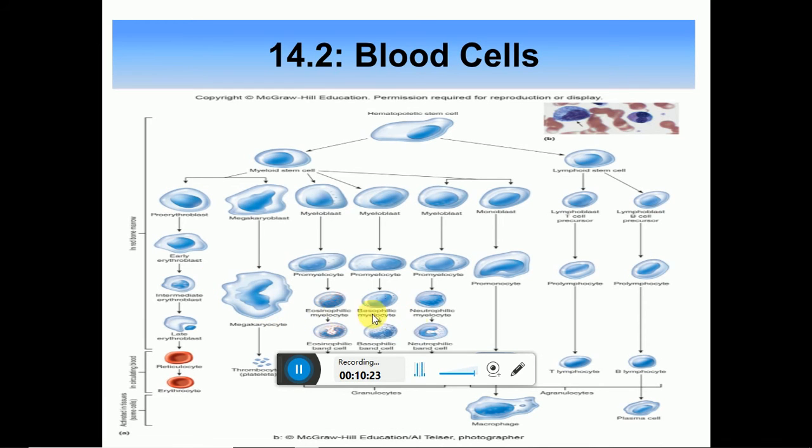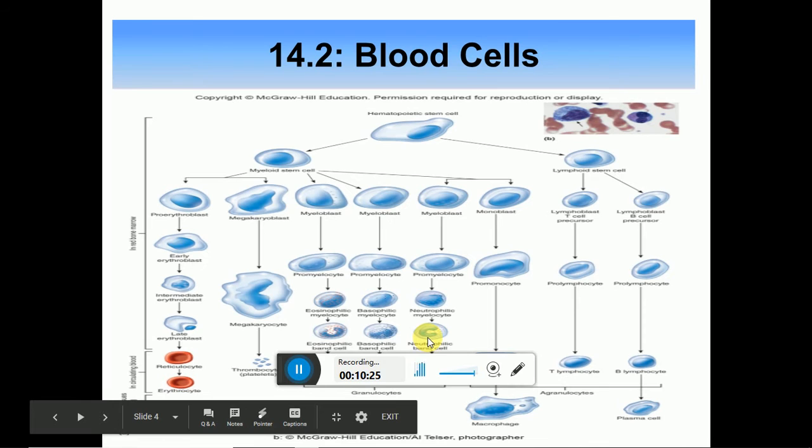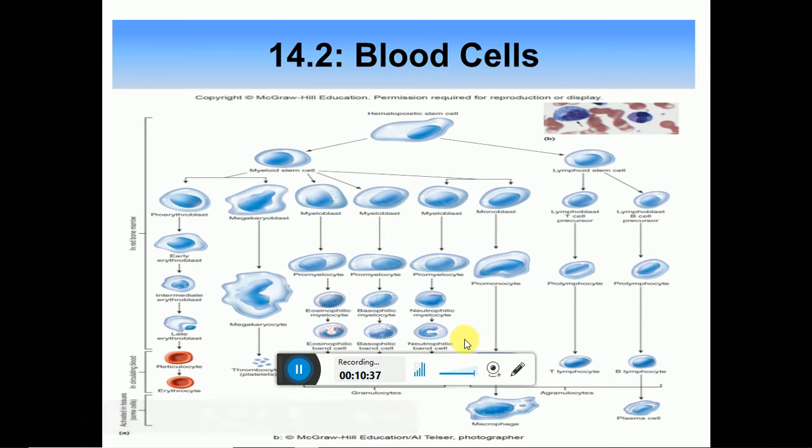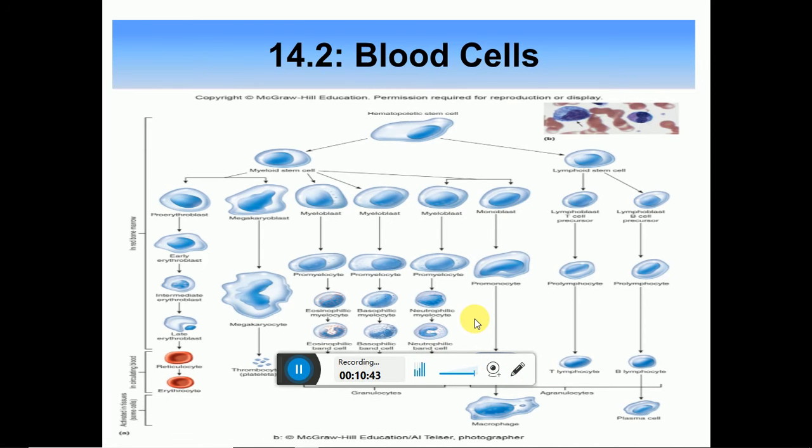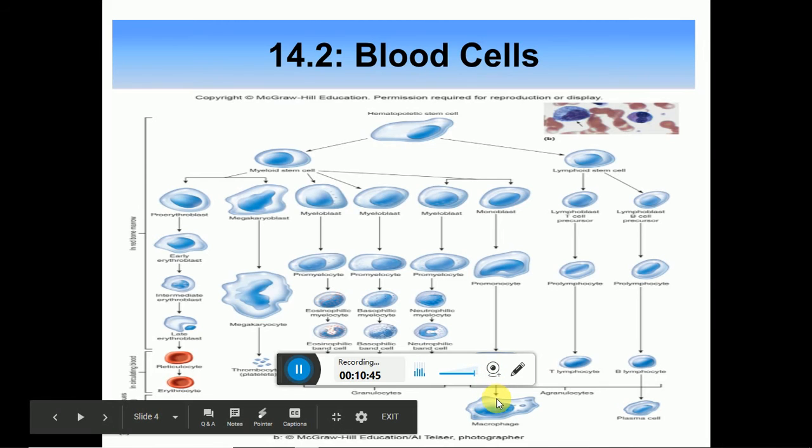And when we talk about the white blood cells, we already discussed the different granulocytes: neutrophilic, basophilic, and eosinophilic. Last but not least, I would like to discuss a little bit about the monocyte, and I apologize, I have no idea how to move this thing out of my way. But underneath here is an image of a monocyte, and you see a monocyte with an arrow giving you a macrophage.